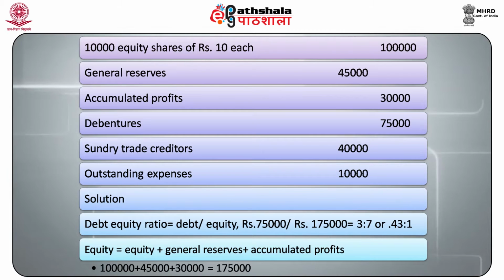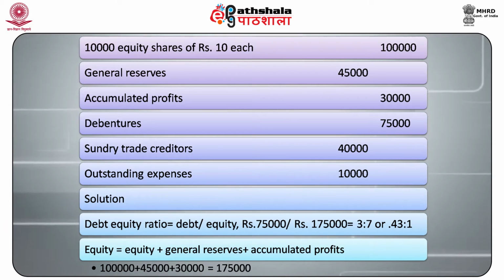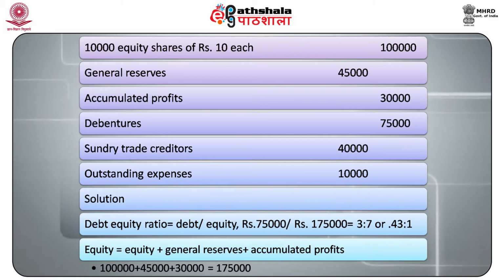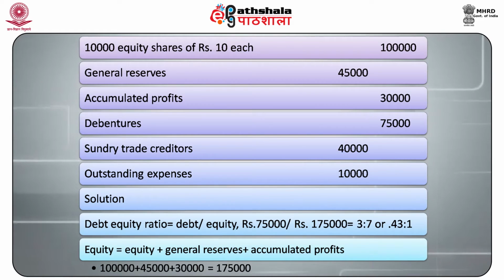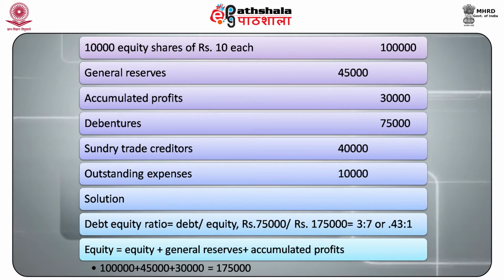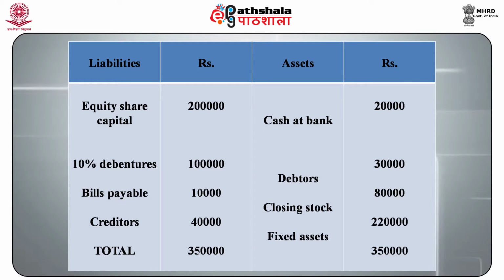The solution for this is debt equity ratio is equal to debt divided by equity, which is rupees 75,000 divided by rupees 1,75,000, which is 3:7 or 0.43:1. Equity equal to equity plus general reserves plus accumulated profits, which gives us 1 lakh plus 45,000 plus 30,000, which is 1 lakh 75,000. Example 4.